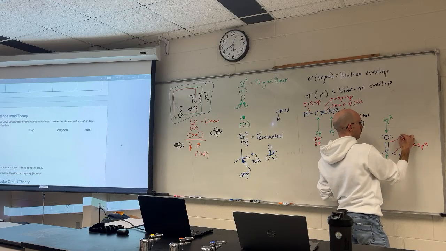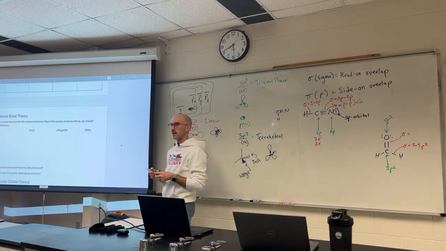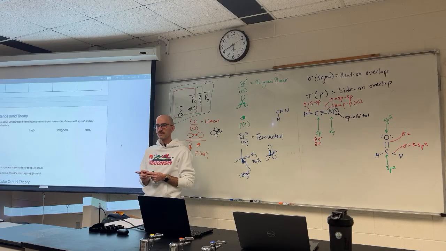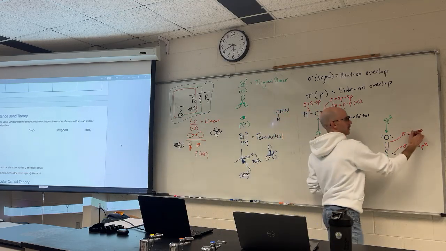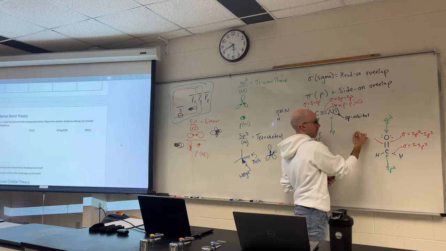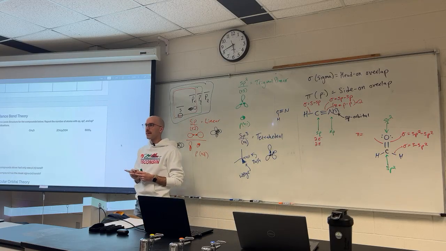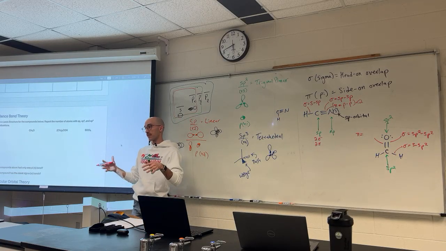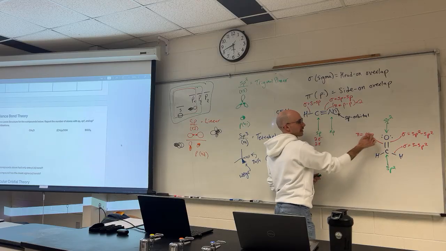Can you tell me the orbitals that overlap to give me the sigma bond between carbon and oxygen? sp2 to sp2. And what about the pi bond between carbon and oxygen? P and P. For the purposes of our class, not always true in chemistry, but for our class, P and P is the only way to overlap to get a pi bond.